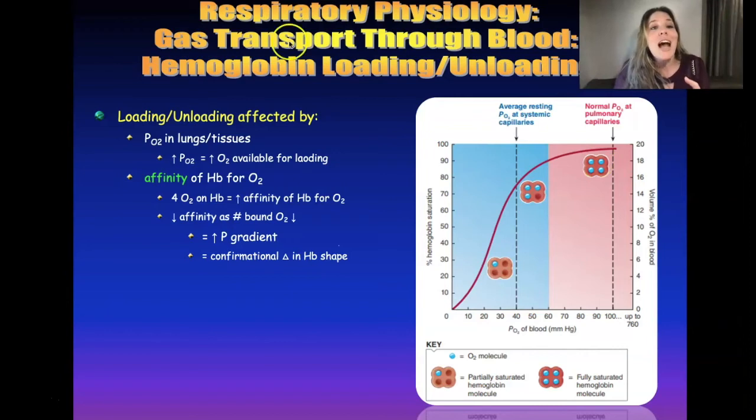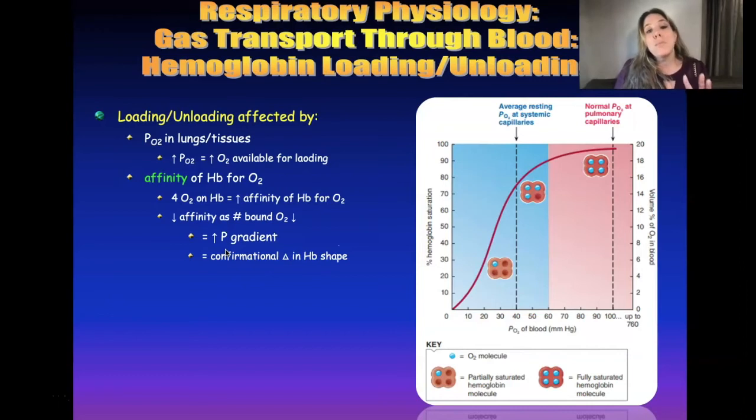So they have a very high affinity for their oxygens. When they're fully saturated, they do not want to let that oxygen go. And it's going to take a really high pressure gradient between the tissues and those systemic capillaries to get the hemoglobin to release oxygen.